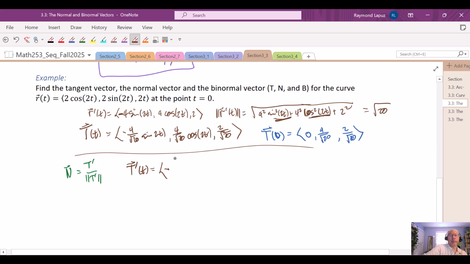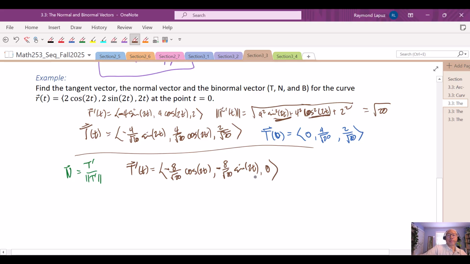The 2 out would make this into an 8 over root 20 cosine 2t. Derivative of cosine is negative sine, 8 over root 20 sine 2t. And then the derivative of this last one is going to be 0. So that's good. That's gone.